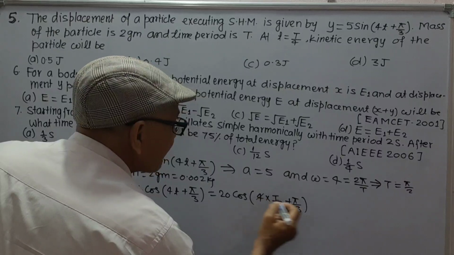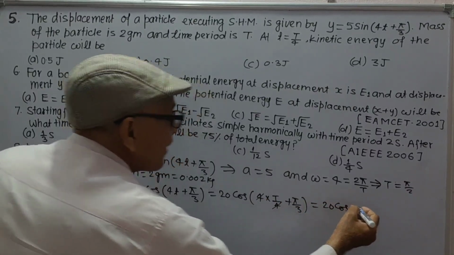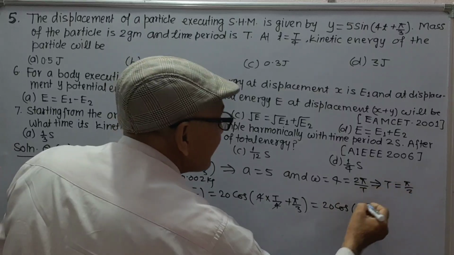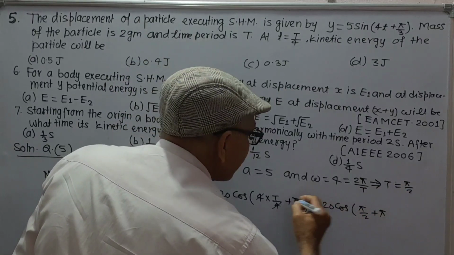So 4 cancels out. This is 20 cos (capital T is pi by 2 plus this pi by 3).